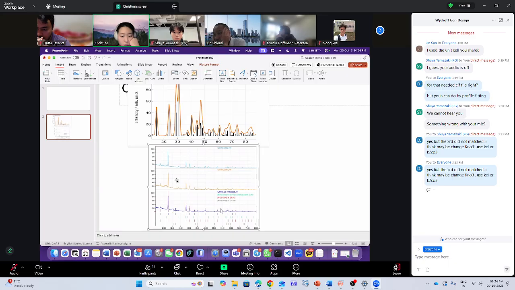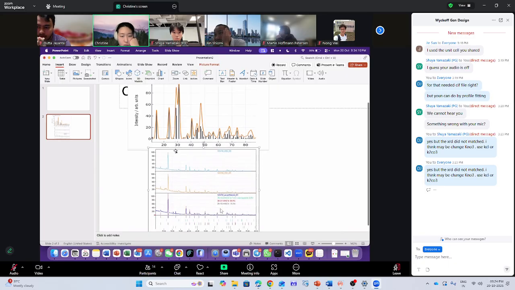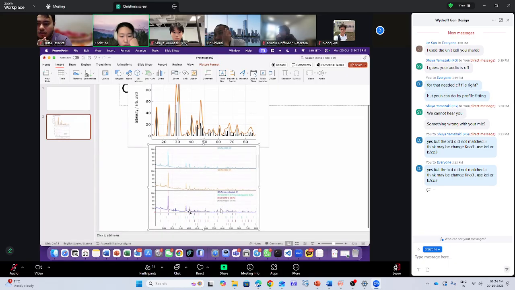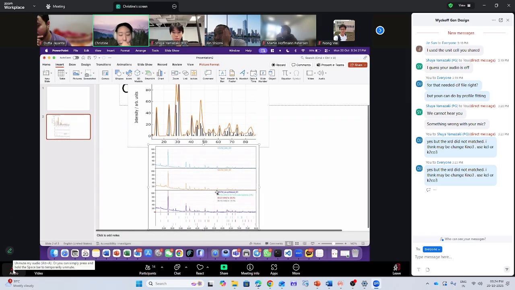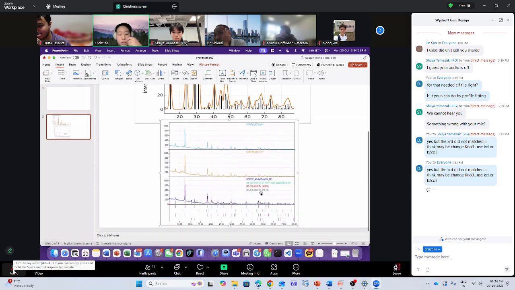At 30 there are no peaks, and at 40 we have some and it matches a bit. But for the experimental, I don't know whether we should form SnTe rather than just Te peaks and Sn peaks.